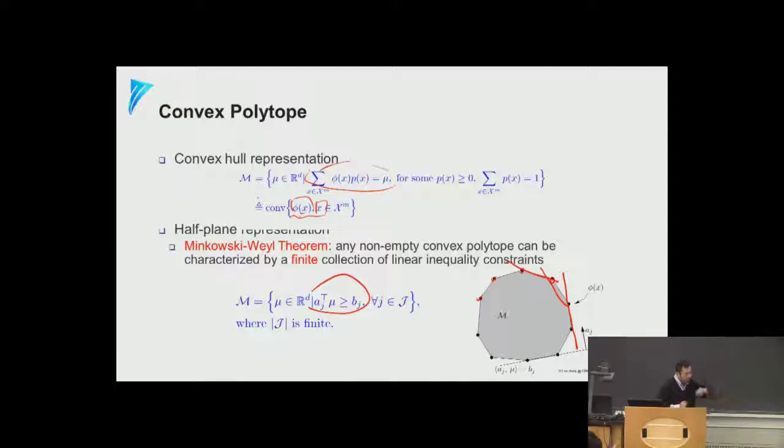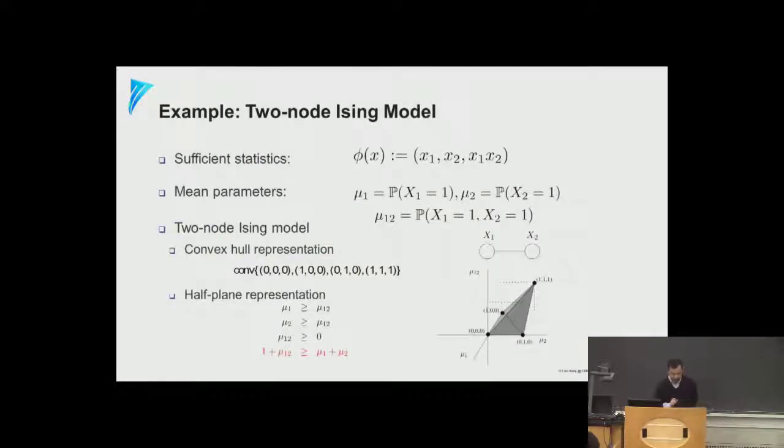Before I wrap up, I should give you an example so that we can get a little more explicit. Let's look at a two-node Ising model. My sufficient statistic is a vector of three items, x1, x2, and x1x2: singleton potentials and a pairwise potential.